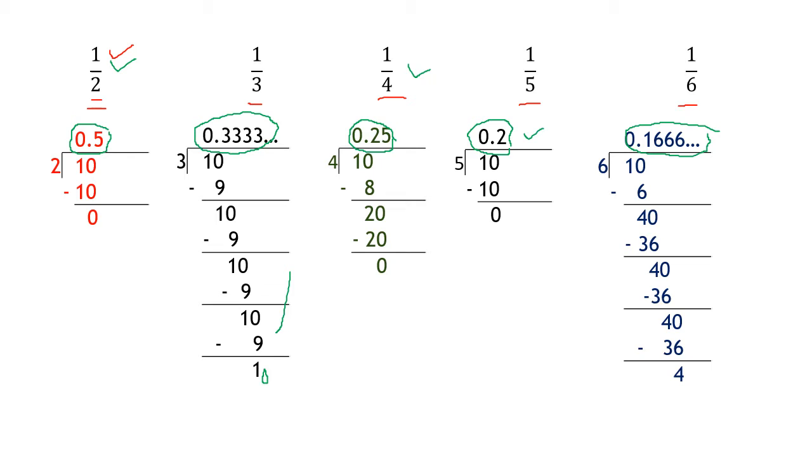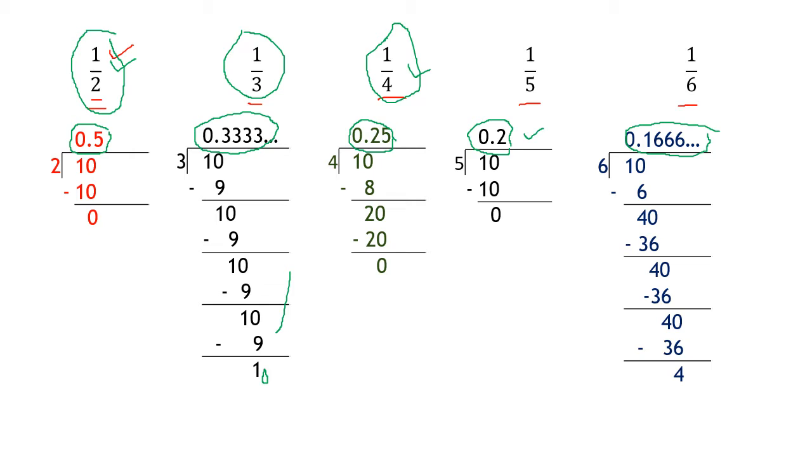So I hope you can understand what I have done. I have taken a rational number in which form? P by Q form. I have taken very simple numbers 1 by 2, 1 by 3, 1 by 4, 1 by 5 and 1 by 6. These are in the rational form P by Q and I have converted them into the decimal form.